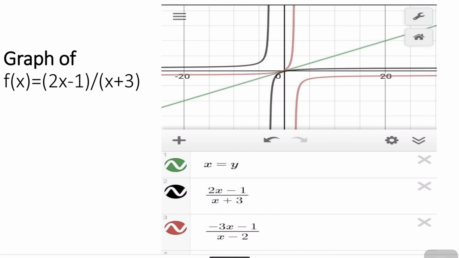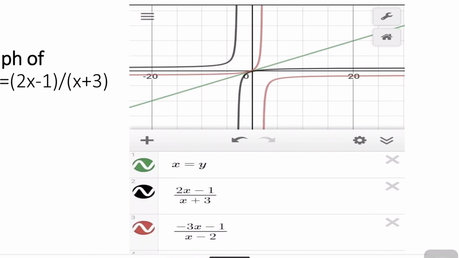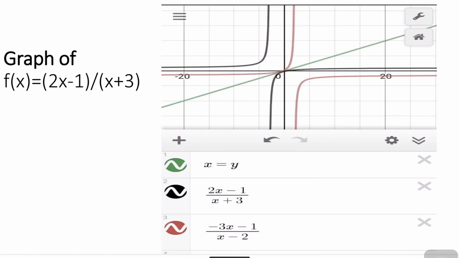The graph in black is our function. Then the red one is the mirror image of the black function, which is the f inverse. Okay, so take note that the graphs of your f and f inverse are just mirror images with respect to the line y equals x.